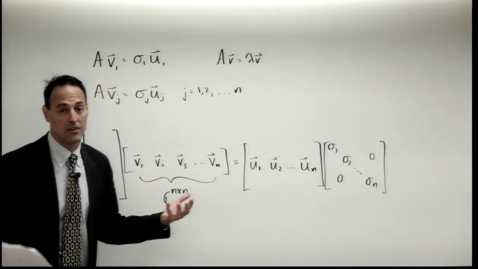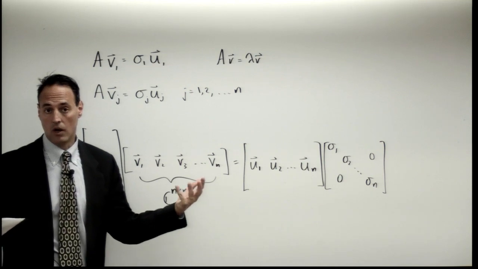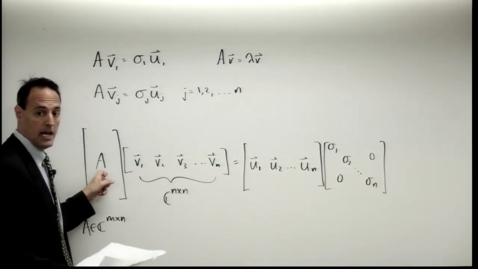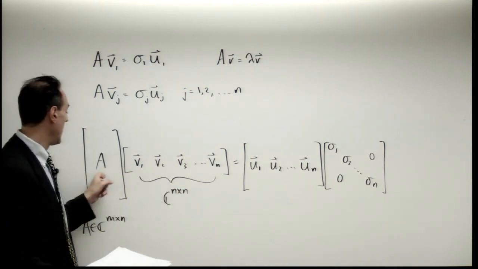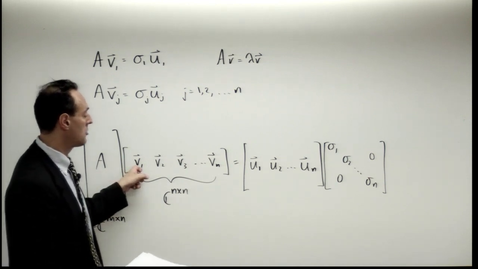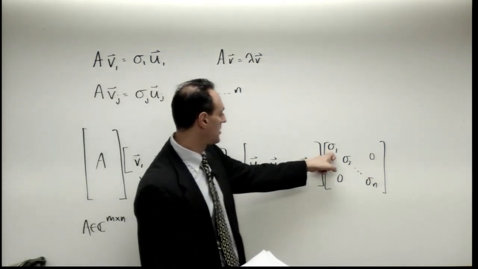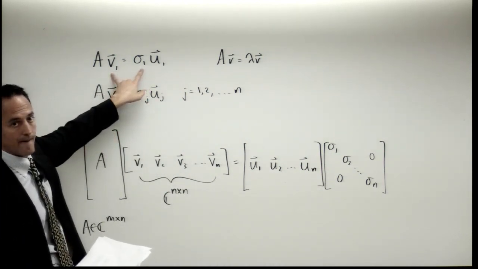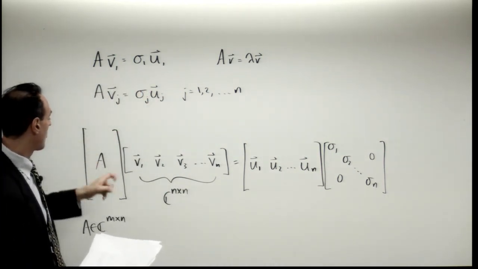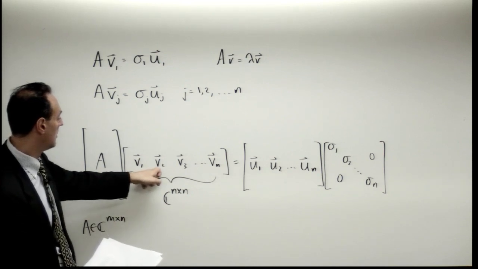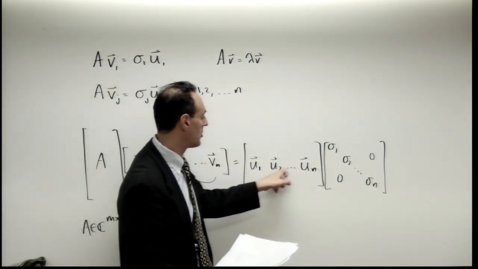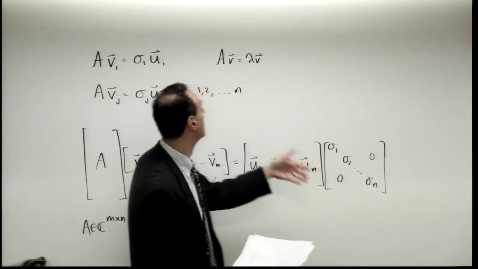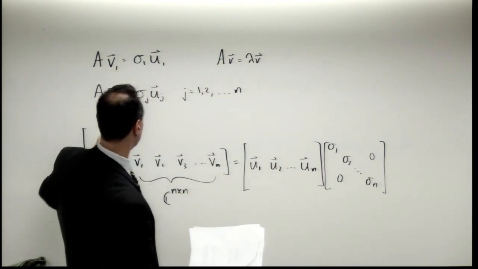So for instance, think about the first column of this equation. It's A times V1. A times V1 produces U1 times sigma 1. That's that first equation. The second, A times V2, produces U2 times sigma 2. That's the second of these equations, and so forth.